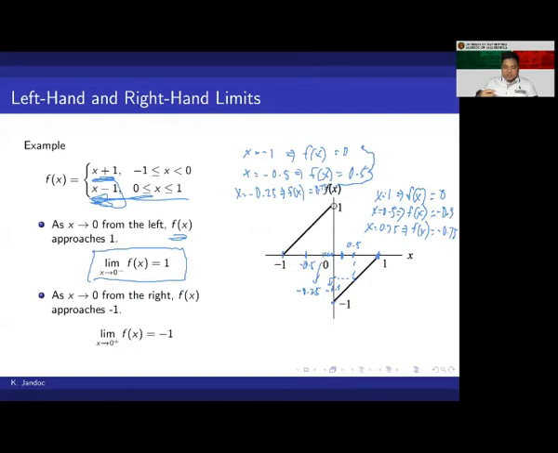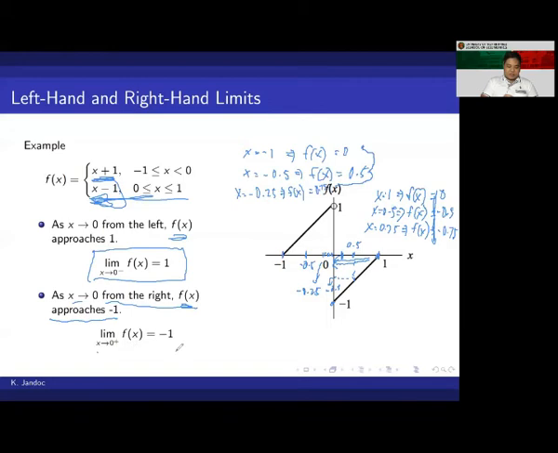So what do you notice? As x approaches 0 from the right, you're beginning with values bigger than 0 and you approach 0 from the right, then you notice that f of x here will go closer and closer to -1. So as x approaches 0 from the right, the value of f of x approaches -1.